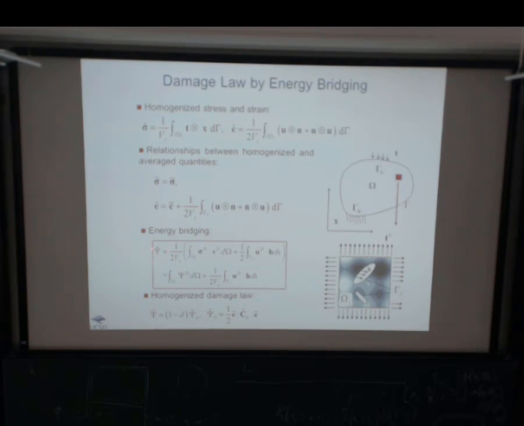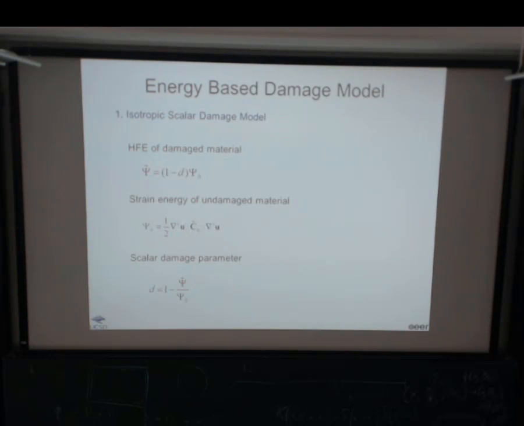I have this free energy, and I can now use that to extract some sort of damage evolution functions out. So let's go with the simplest one, the scalar damage model. It's just one damage parameter, right? So this is the undamaged Helmholtz free energy. This is the one through computation with all the cracks in there, modeling all the crack propagation.